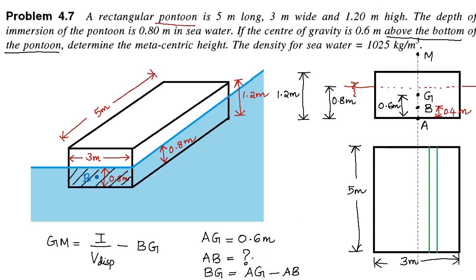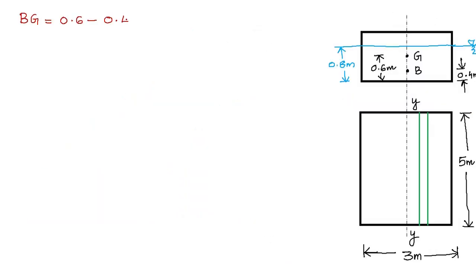So BG will be AG minus AB, 0.6 minus 0.4, you will get it as 0.2 meter. That is BG.